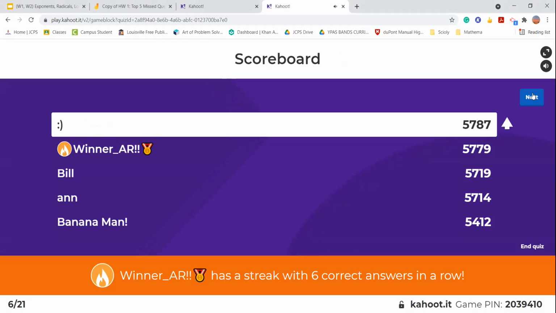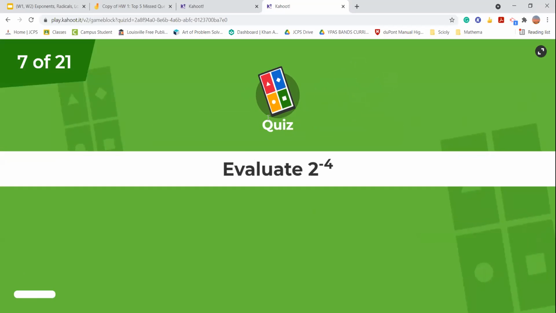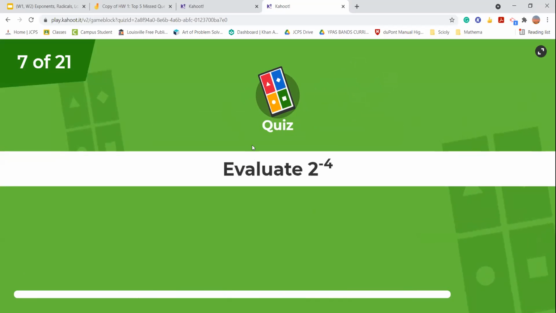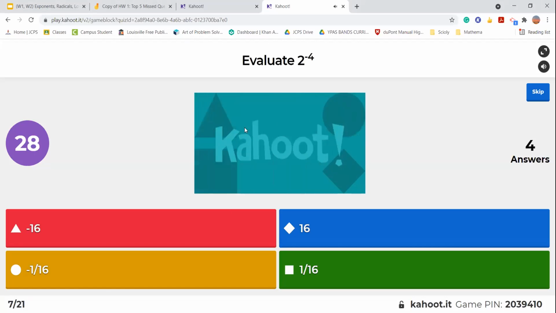Oh, Smiley face is in the lead by 8 points. Make sure you read the answers correctly. I know I lose some of my time just reading it. I'm just kind of lucky that I did read it correctly, because I almost clicked the minus ones.